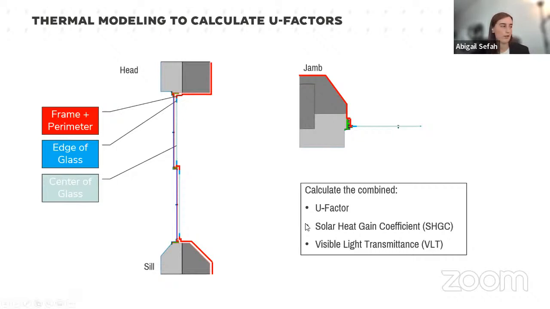That's to capture the thermal bridging effects that happen, for example, below the sill within the first foot of wall, and similarly at the jamb and head. So in our energy model, when we set up the windows, we set them up to be a little bit bigger than the existing windows. And then we entered in the overall combined U-factor, solar heat gain coefficient, and visible light transmittance for that whole window plus 1 foot perimeter area.